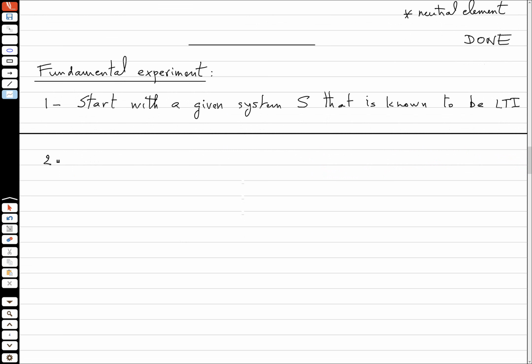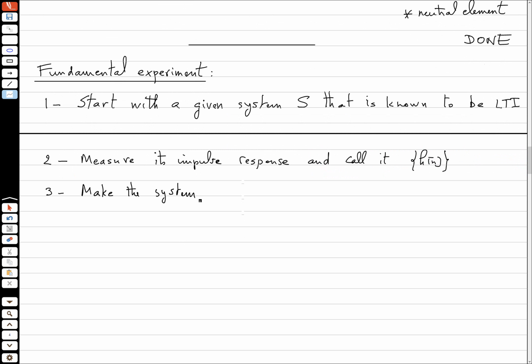Step 2, measure its impulse response and call it h of n. And third step, make the system, make this system.